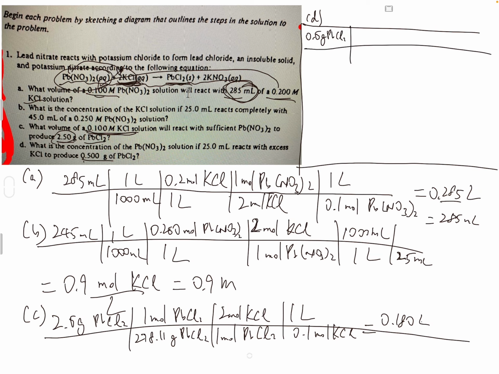From C, we already know 278.11 grams of PbCl2 gives me 1 mole of PbCl2. Next, we know that 1 mole of PbCl2 is 1 mole of Pb(NO3)2, 1 to 1.